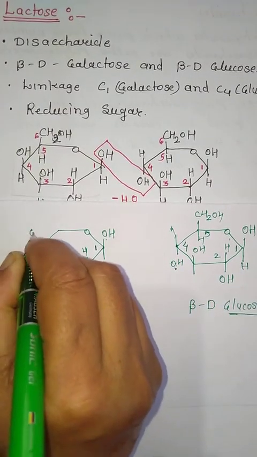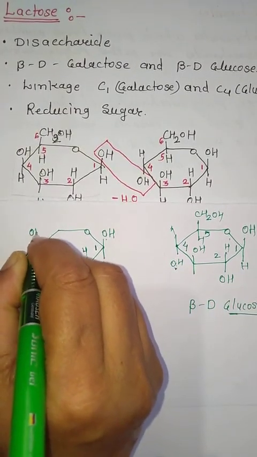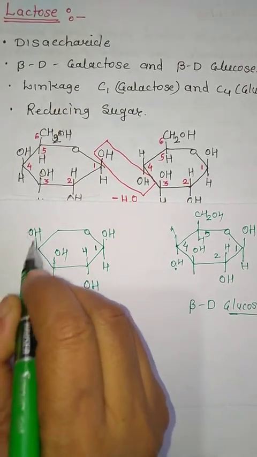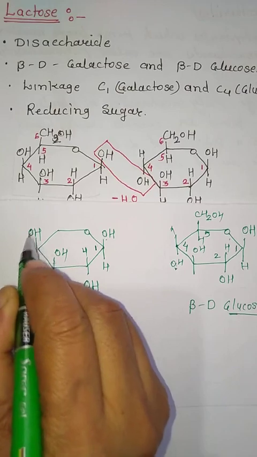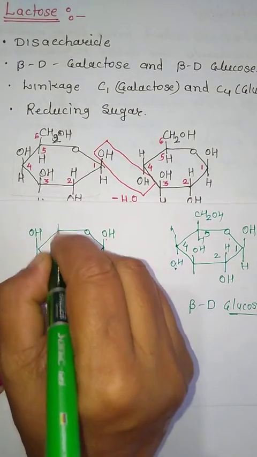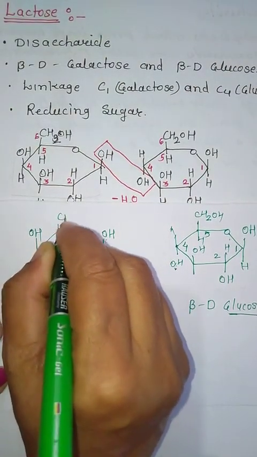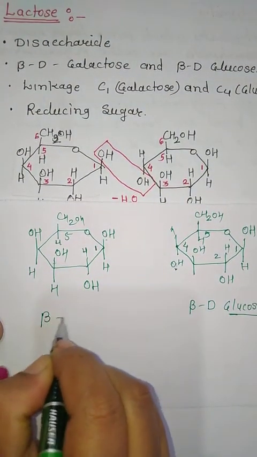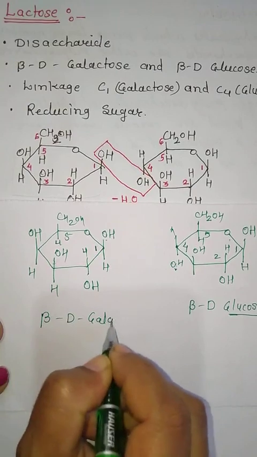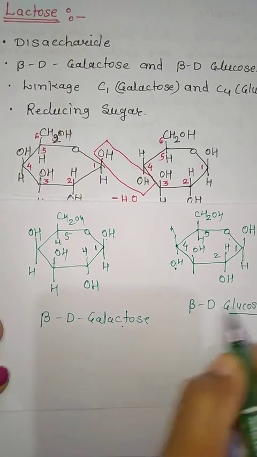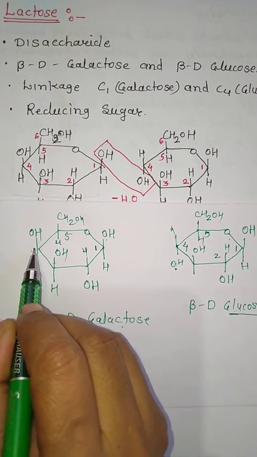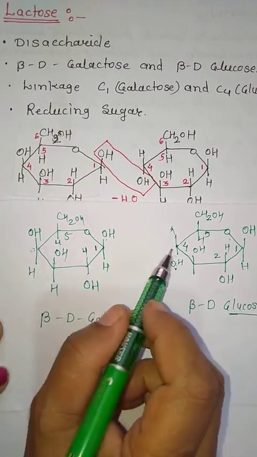Here the difference is, here OH is above. ठीक है, OH is on the above side, that means it is on the left hand side, and this is the fifth carbon. Rest of structure is same. ठीक है, so this is beta D galactose. तो galactose and glucose, the difference is at the fourth hydroxyl group configuration.